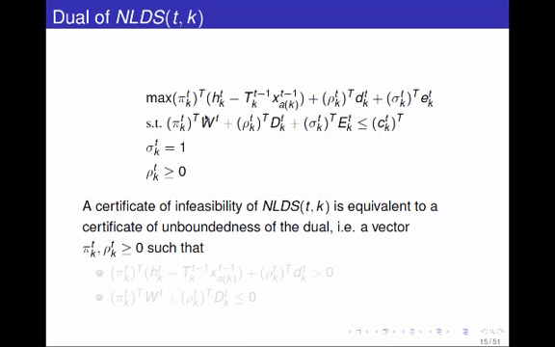Suppose that pi 1 transpose W plus rho 1 transpose D plus sigma 1 transpose Z were positive. Suppose they were. At some point, as I'm moving down the line, as I'm increasing lambda, I'll get out of this.